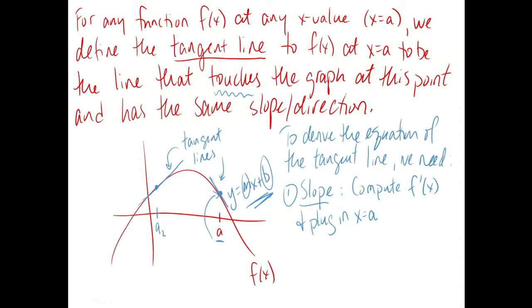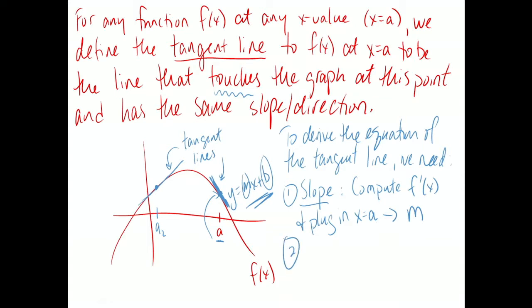In other words, it gives you exactly the slope of this little line we've been drawing a million times. So the slope of this line, I compute the derivative, and if I plug in x equals a, that gives me m for my y equals mx plus b.